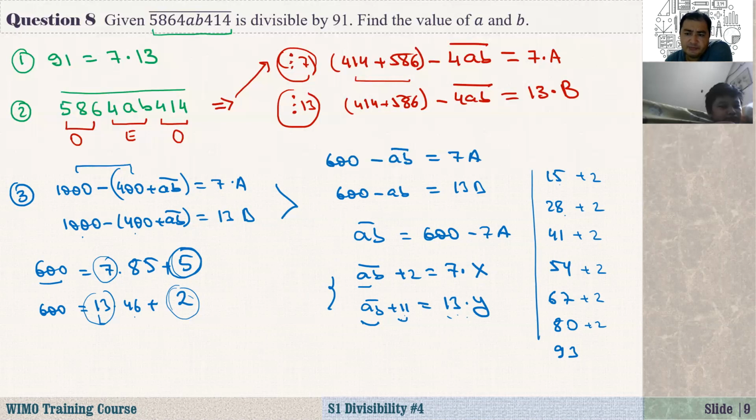If I add 2, 17, okay. 28, 30, 41, 43, 54, 56, okay. 67, 69, all right. 80, 82, 93, 95.